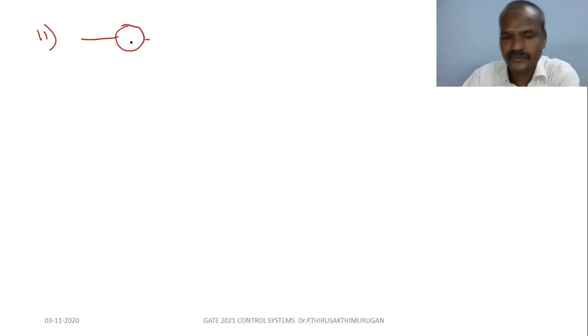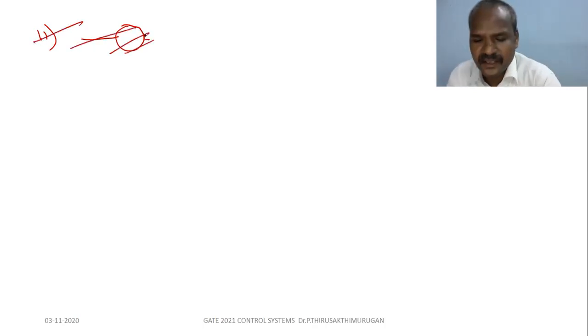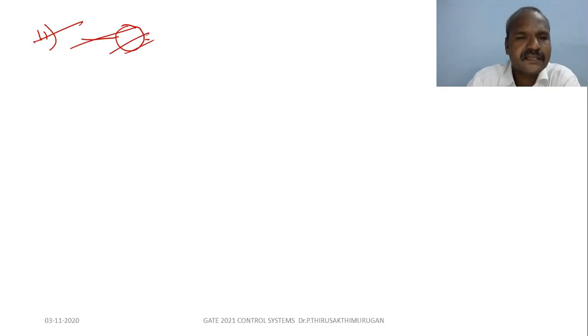Okay. Next is the same. So okay, no need for this. This was already discussed. So these are all simple techniques for block diagram reduction.